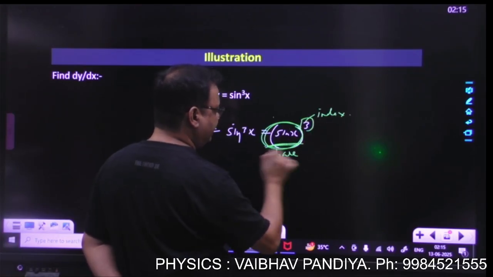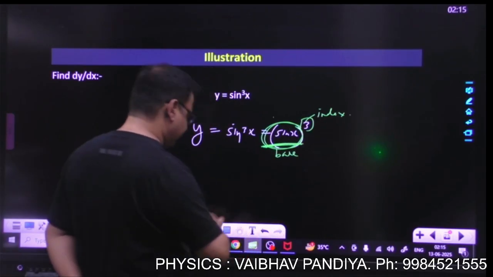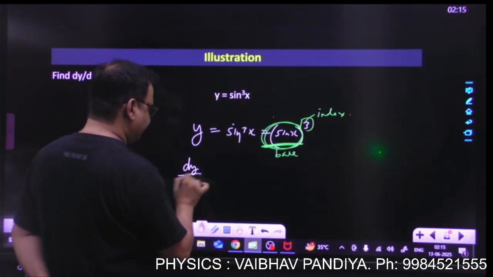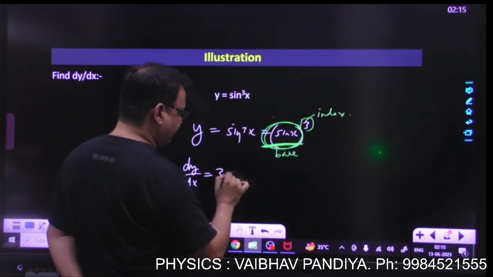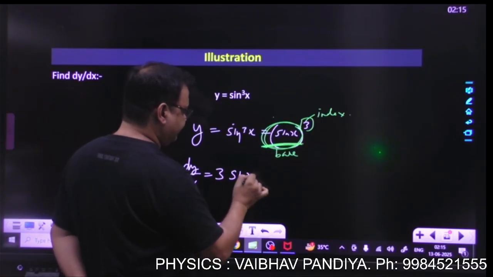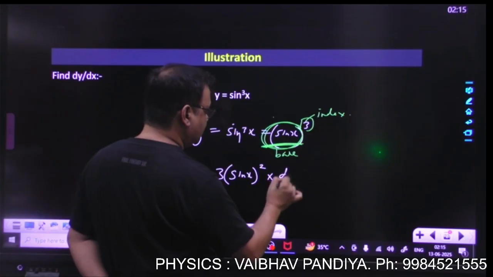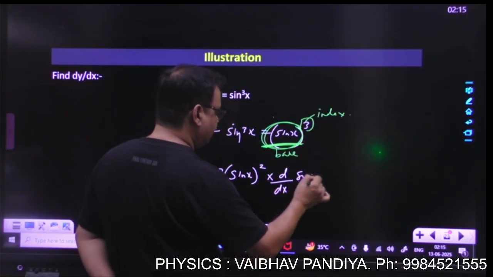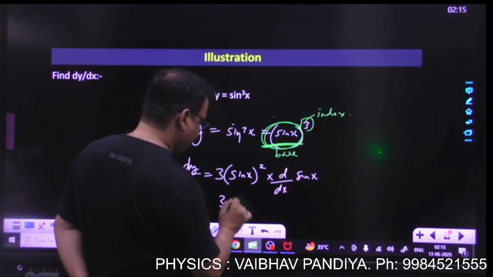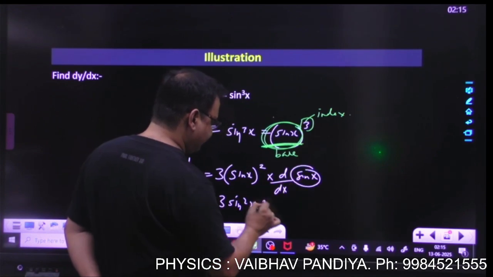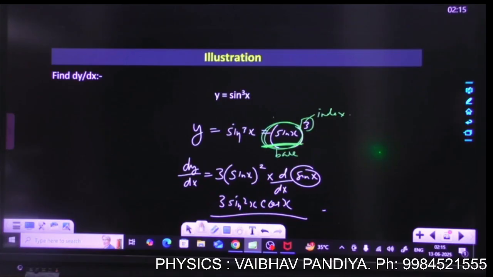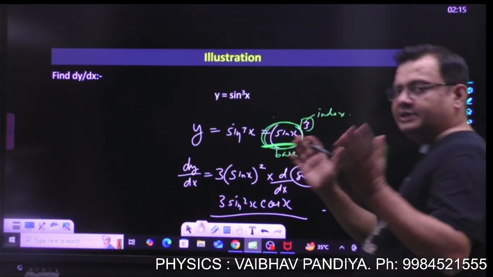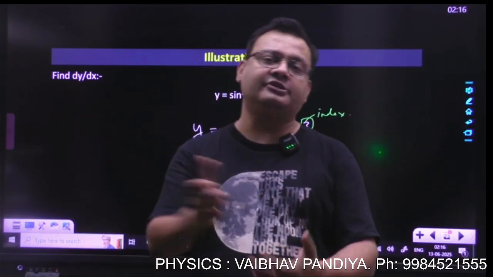So remember, when some base or argument has some index, dy by dx will be 3 times the same base, the same argument, that is sin x, and you will decrease the power, it will be 2, into d by dx of sin x. So you'll get 3 sine square x, and the derivative of sin x is what? Cos x. So this is the answer. Clear? So I guess by now you must be clear how you apply the chain rule, no matter how simple or how complicated the function may be.